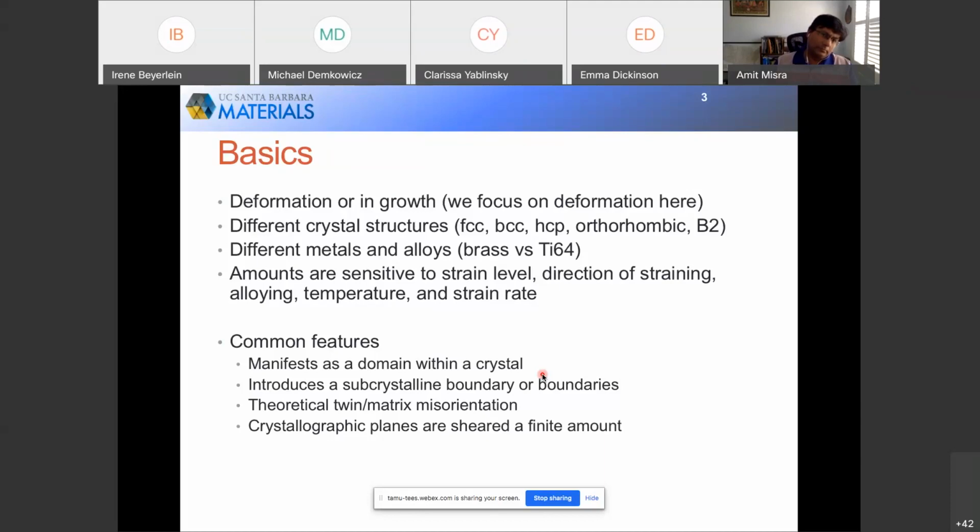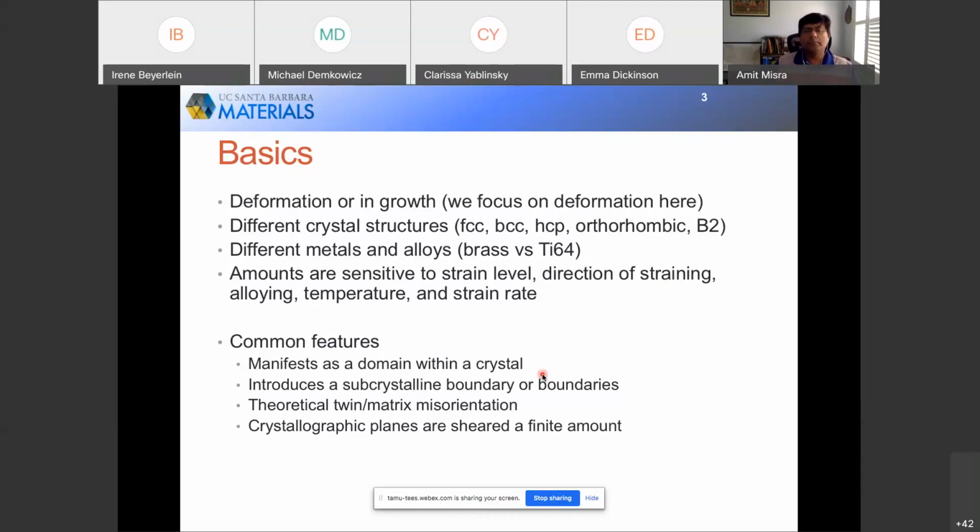So they will introduce subcrystalline boundaries, as you also saw in the previous slide. And that misorientation across that twin matrix boundary, if you will, is typically a theoretically, precisely defined one.